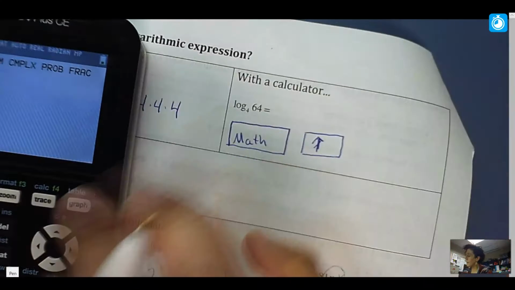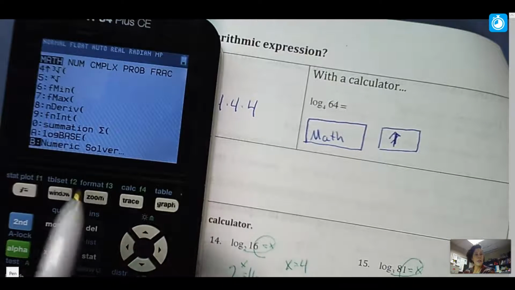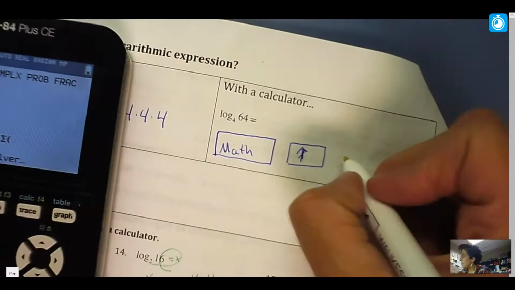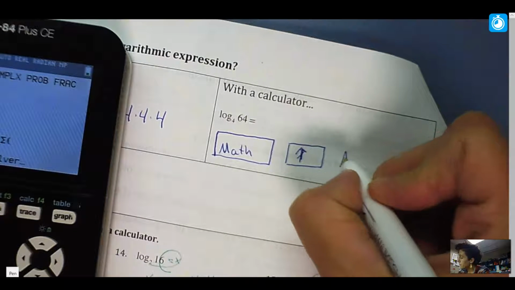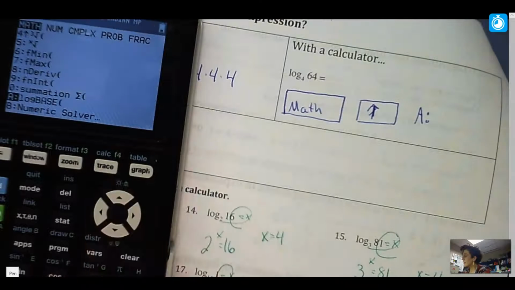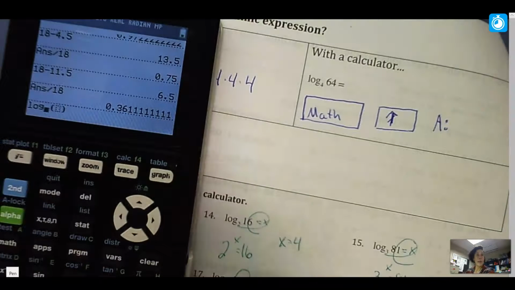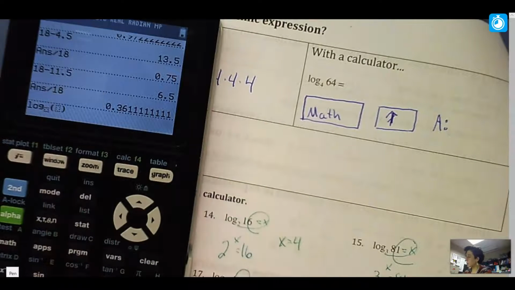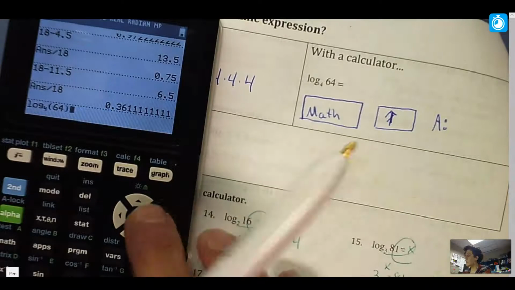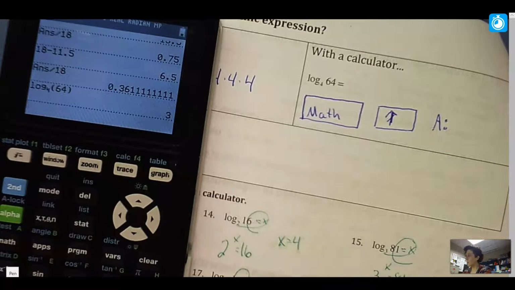And then you're going to see here log base, and you want to select option A. You can scroll to it, it's probably the fastest. And then everything's going to pop in place. I can put the little 4 here, arrow over, put the 64 in, arrow out, and then you're going to get your answer. So math, scroll up, put the numbers in the right spot.